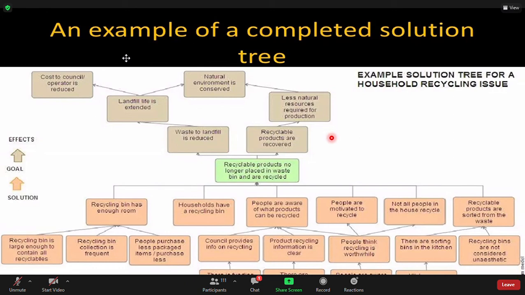This one is an example of a completed solution tree. As we said, these are in the positive format.